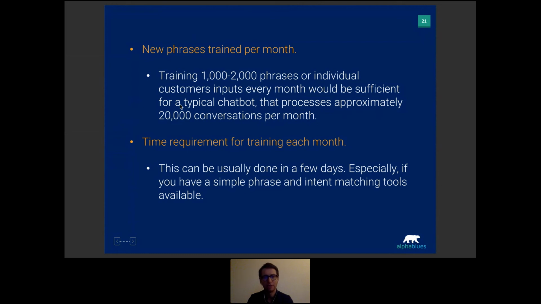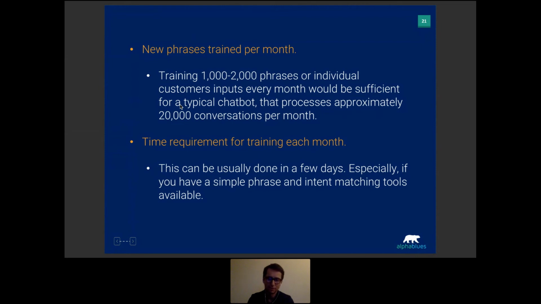But if you think of it, 1,000 phrases per month can be done in a few days, or within hours. If you can train 100 phrases per hour, then it's 10 hours, about a day and a half for one person, right?